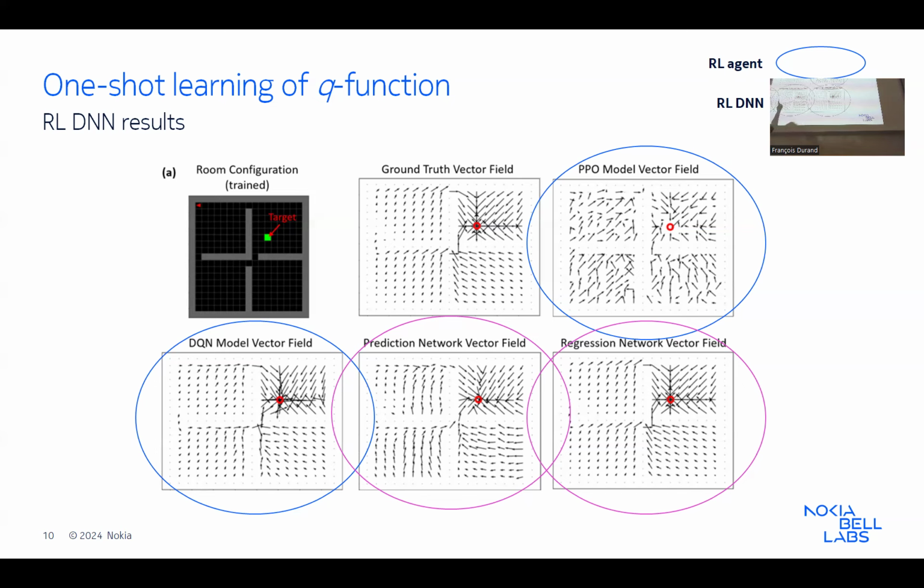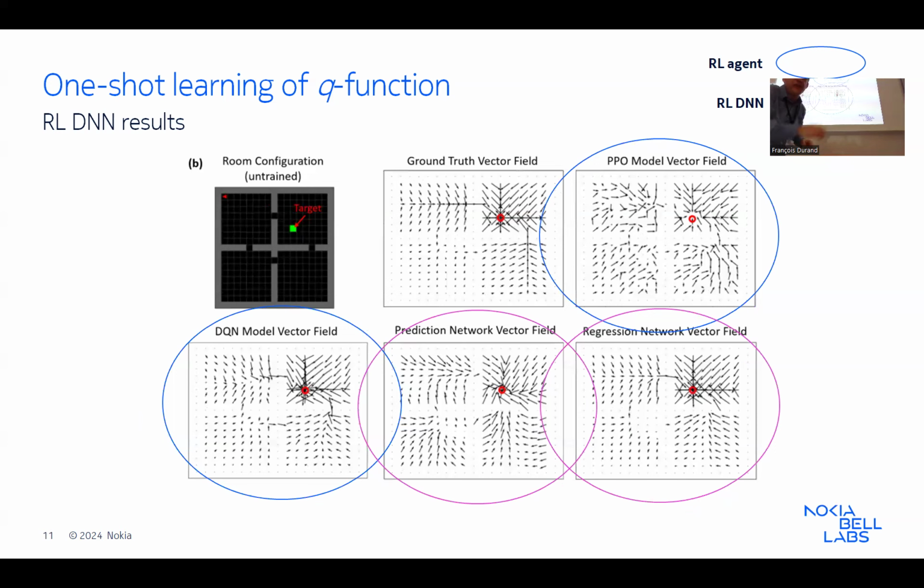But here, this is one of the environments that was part of the training set. So how well does it generalize? What happens if we give it an environment that was not part of the training set? So an untrained environment. Well, again, you get these quite messy vector fields for the PPO and DQN, the actual RL algorithms.